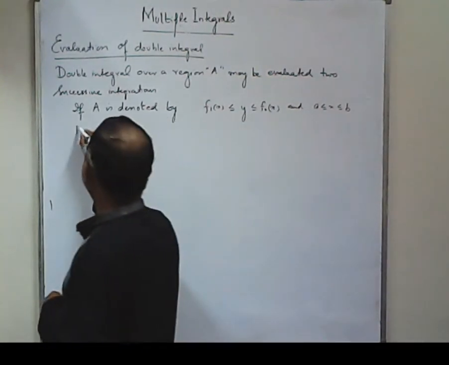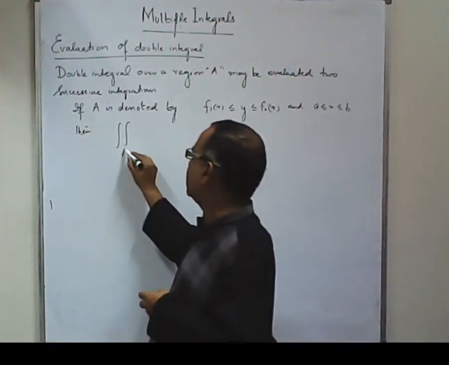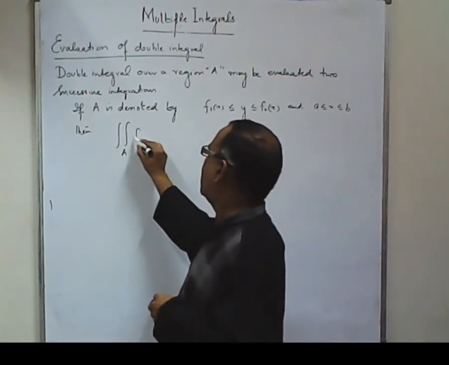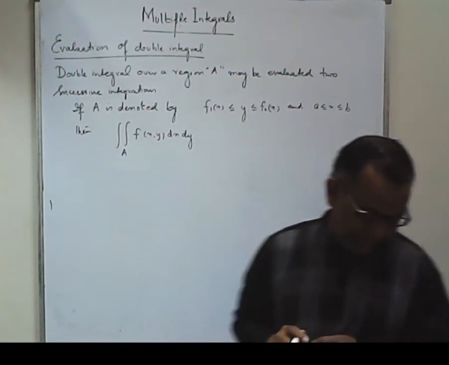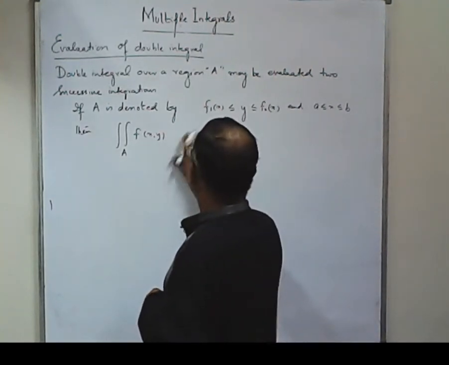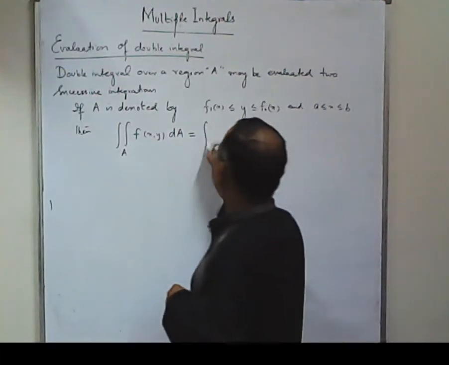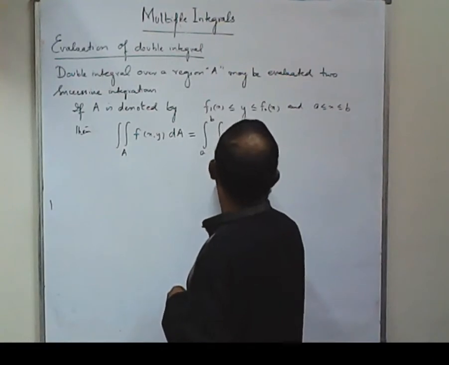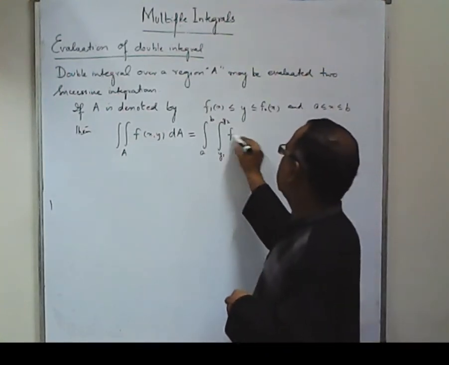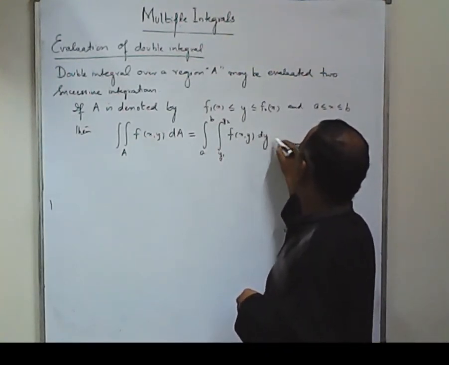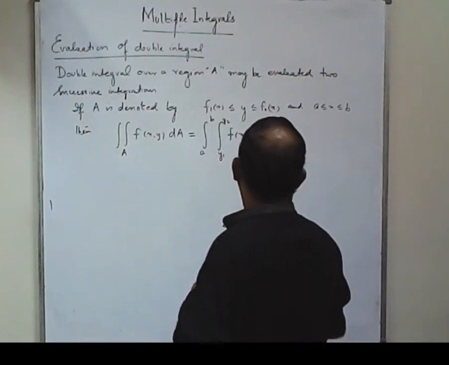Then the double integral over the region A of f(x,y) dx dy, or let's say dA, area over the region A, is equal to the integral from a to b, y1 to y2, of f(x,y) dy dx, or dx dy.